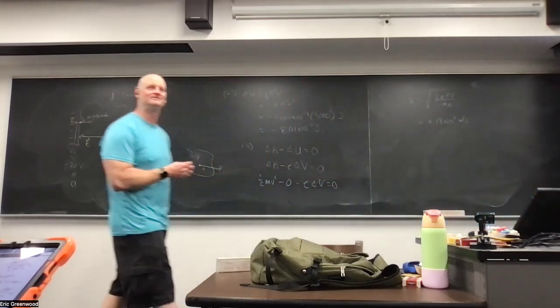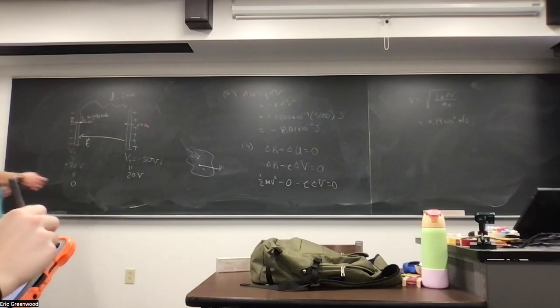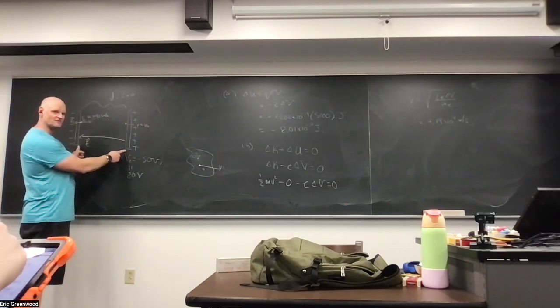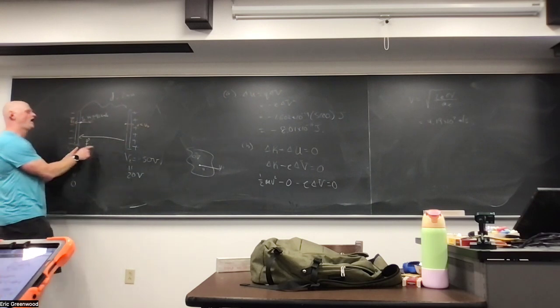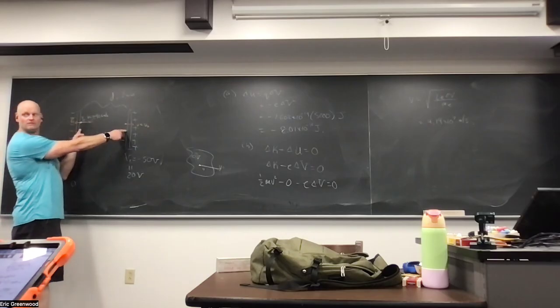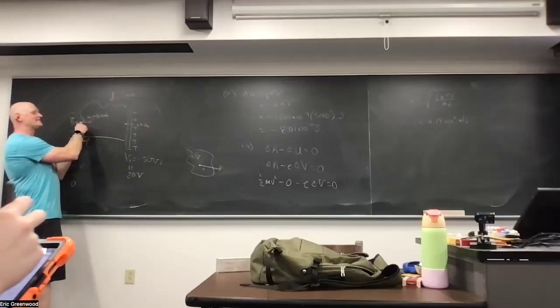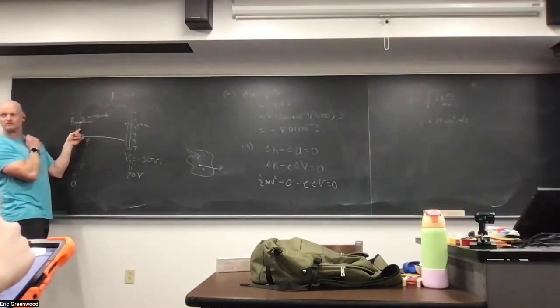Okay? Nice and easy. Conservation of energy. So again, as long as I know the potential difference between 2 points, I can use conservation of energy. Now, the beautiful part about this too is, again, do I know how my potential changes from this point to this point? So meaning as I move from one point to another point to another point to another point, do I know how my potential changes?